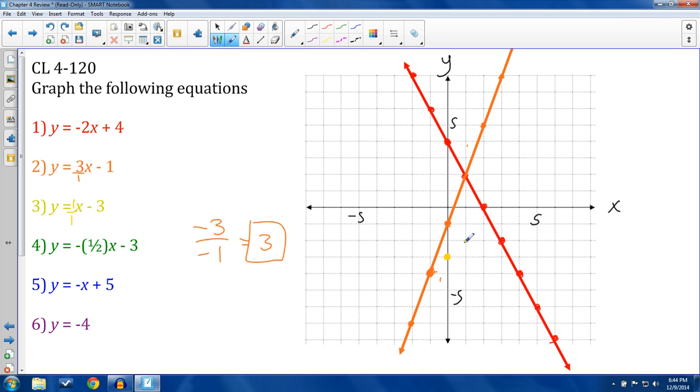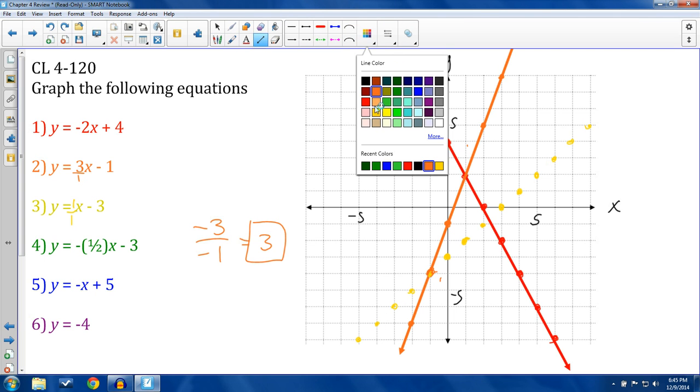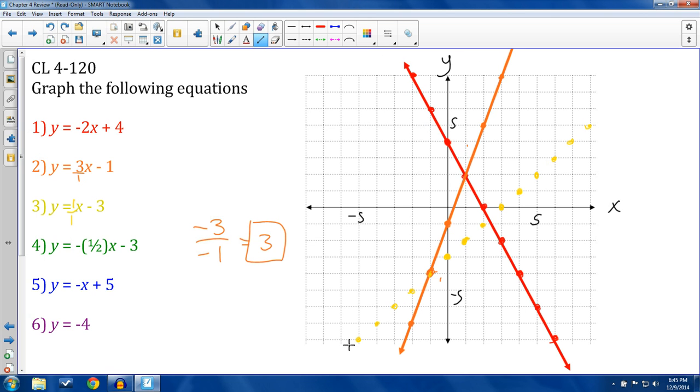I go up 1 over 1, up 1 over 1, up 1 over 1, etc. I also go down 1 and to the left 1. Notice how, again, you should probably be graphing these on different graphs. I'm just doing this all on one. You'll see a good reason why once I get it all sorted out here. Okay, there's yellow.